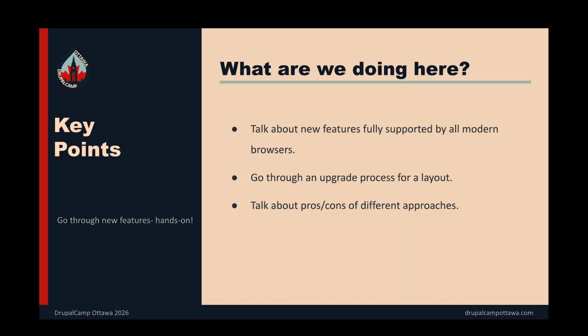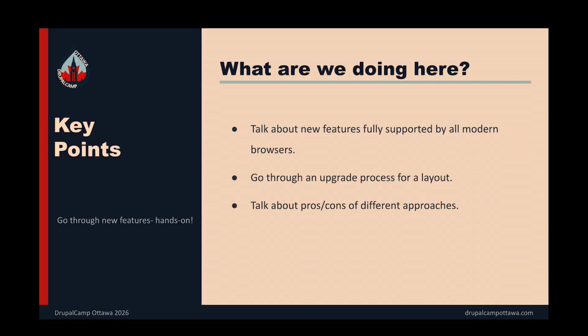I'd like to talk about some new features that are fully supported in all modern browsers, and some that are almost fully supported in modern browsers if we have time. And we're going to go through an almost 100% live coding upgrade process of a layout.